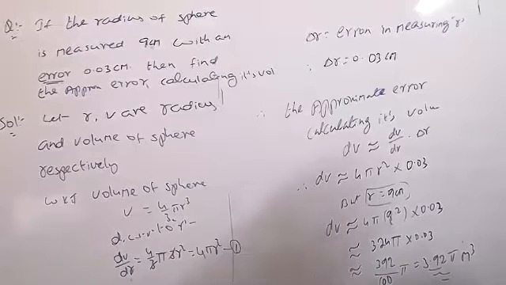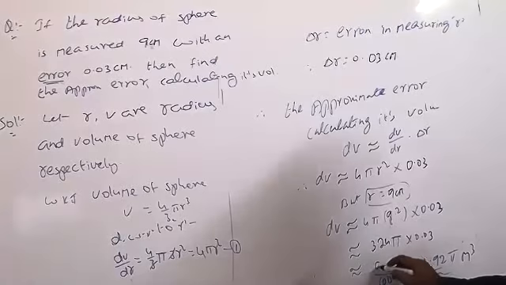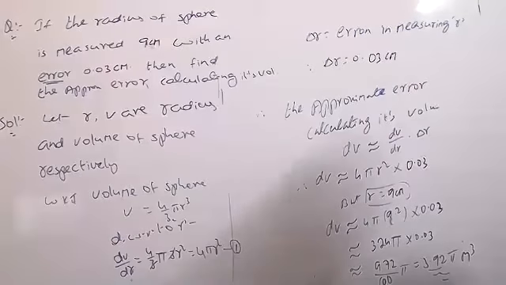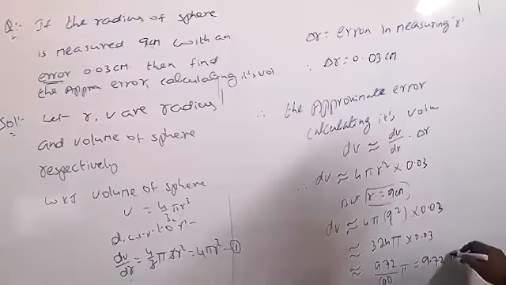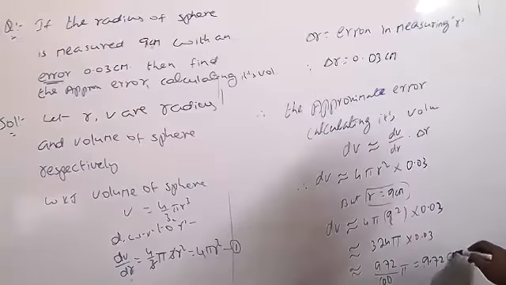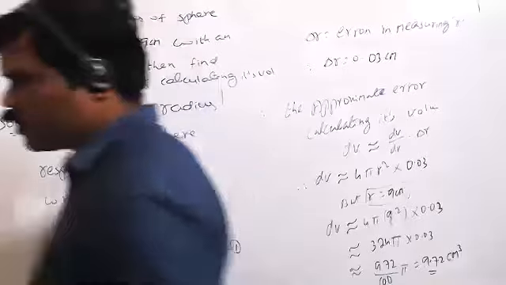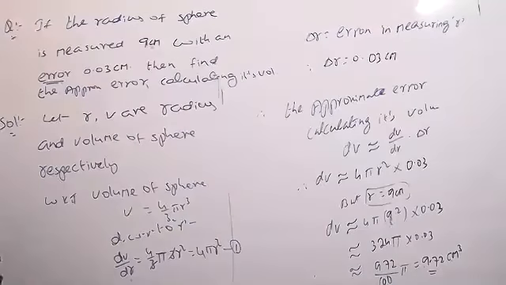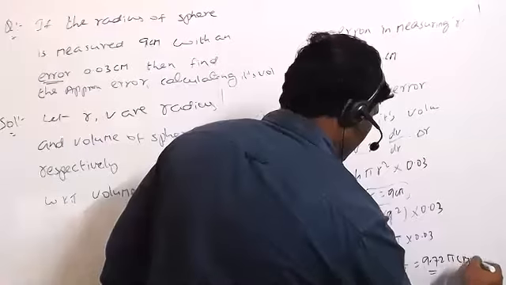Multiply both of them: 972 by 100 pi, equals 9.72 pi centimeter cube. Centimeter cube is the answer. I forgot to write the pi here, pi centimeter cube, answer.